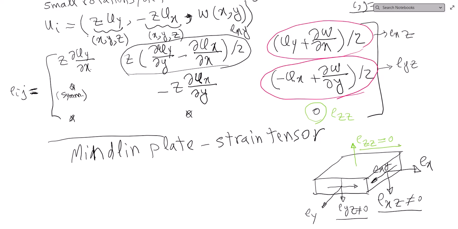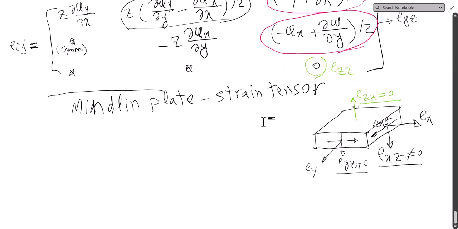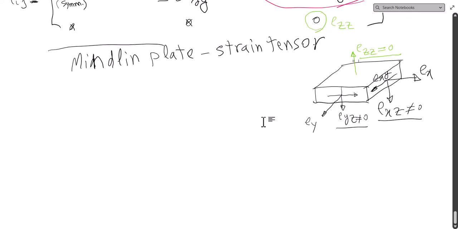So we still have to consider a modified plane strain or plane stress assumption by integrating over z. So these are the properties that we can extract from the strain.